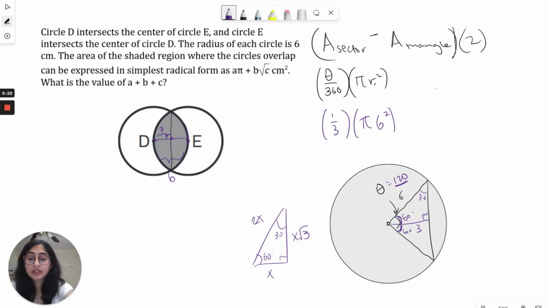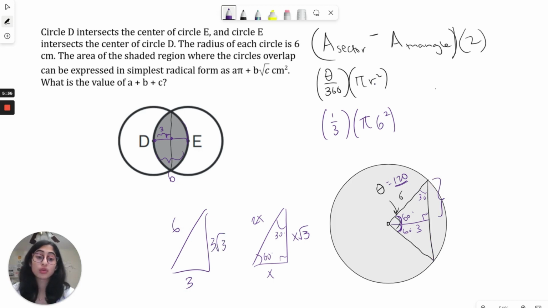So if x is equal to 3, and 2x is of course 6, that means this length right here is x root 3, so it's going to be 3 root 3. So this is half of the base of this whole triangle. And this triangle is congruent to that one as well, so this will also be 3 root 3. That means the entire base is 6 root 3.